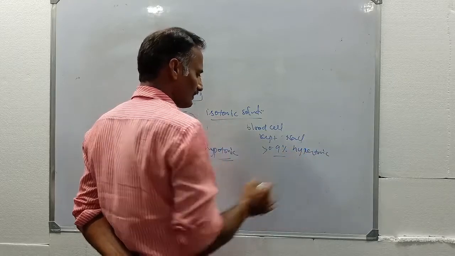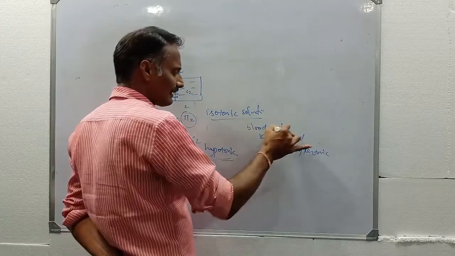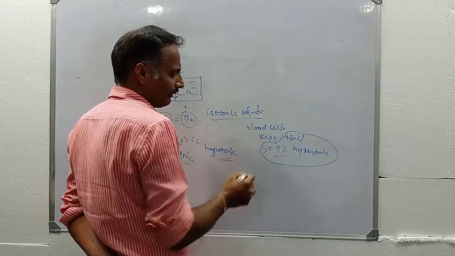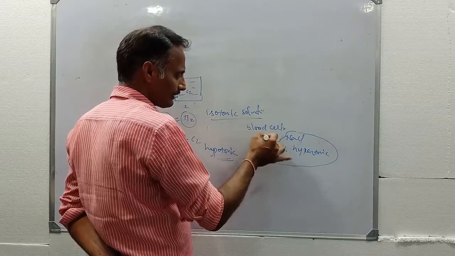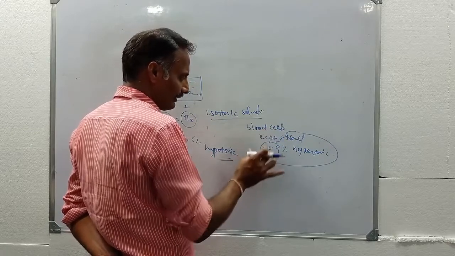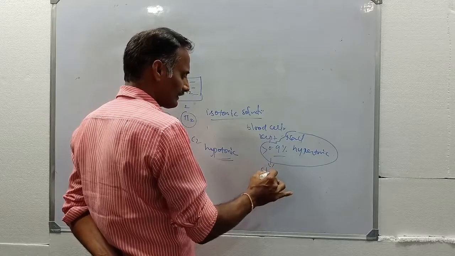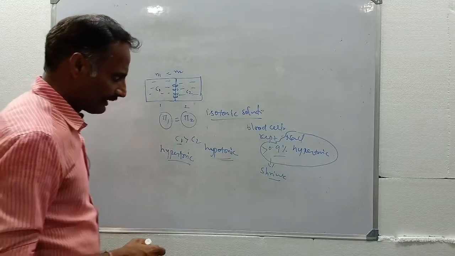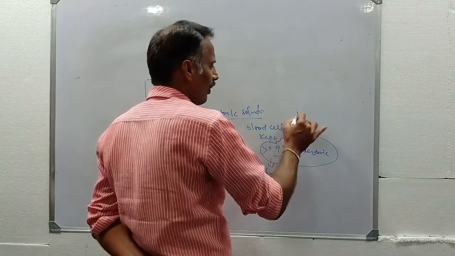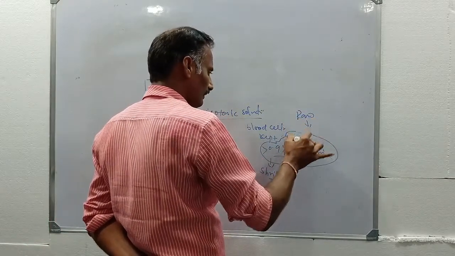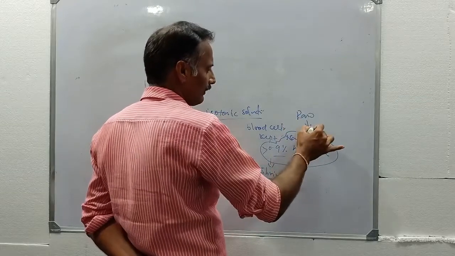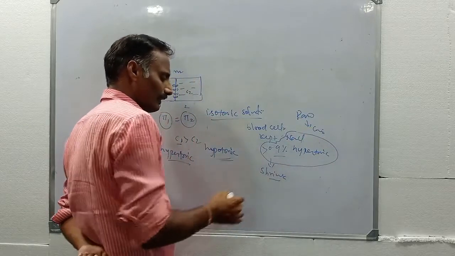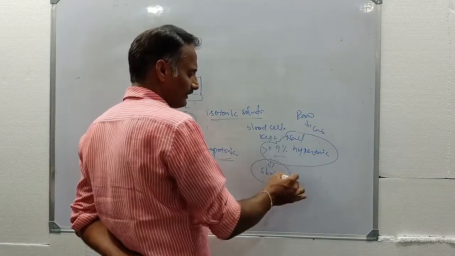When blood cells are kept in this type of solution, the water will come outside, and the blood cells will shrink. Similarly, when raw mangoes are kept in a highly concentrated NaCl solution, the water will come out of the cells and they will shrink.